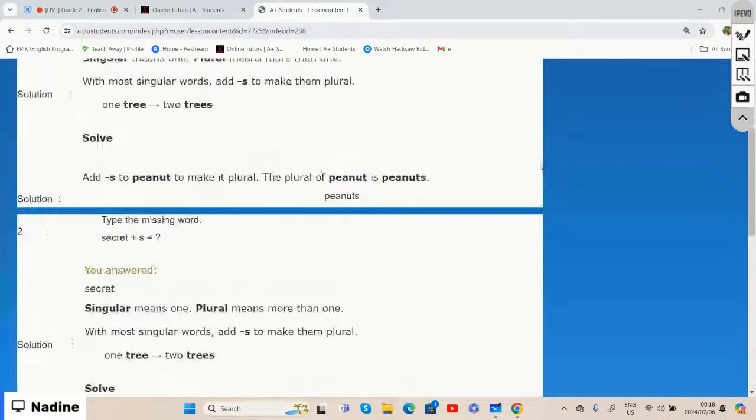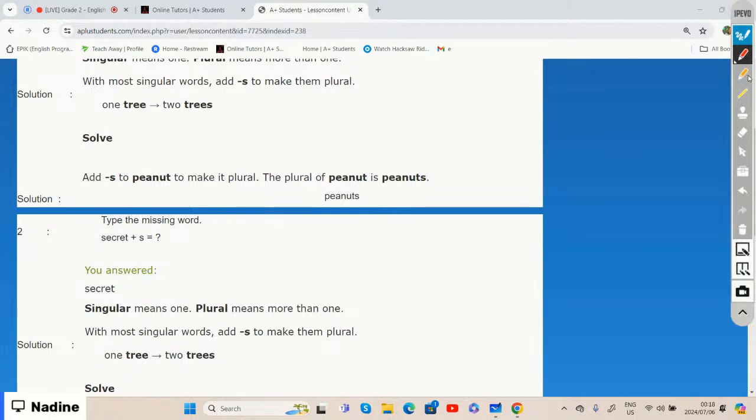All right, look at another word, secret. My friend told me a secret, right? The next day she told me another secret, and the next day she told me another secret. I know such a lot of secrets of hers. So one secret plus an S. The plural of secret, something that is confidential, that you should not be telling anybody else if somebody confides in you.